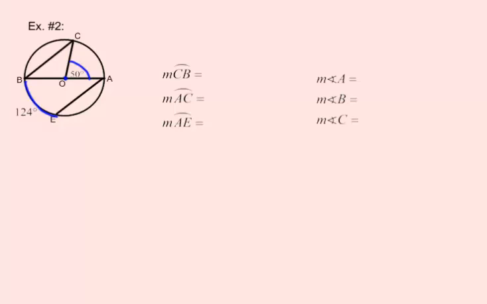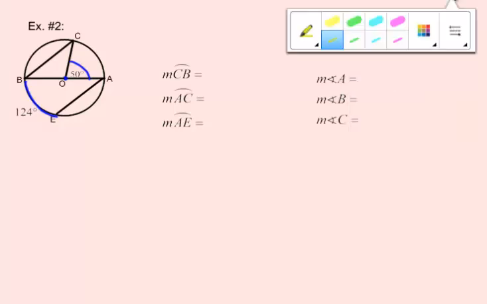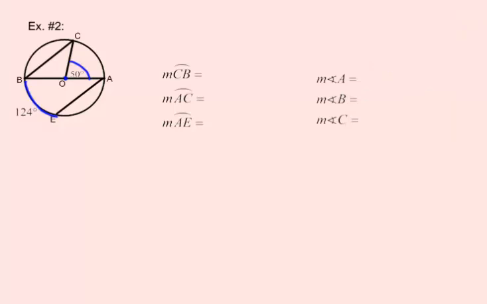So as we see here, across the center of this circle we have a diameter. The thing we want to remember about a diameter is that it cuts the circle in half, so we have 180 degrees.